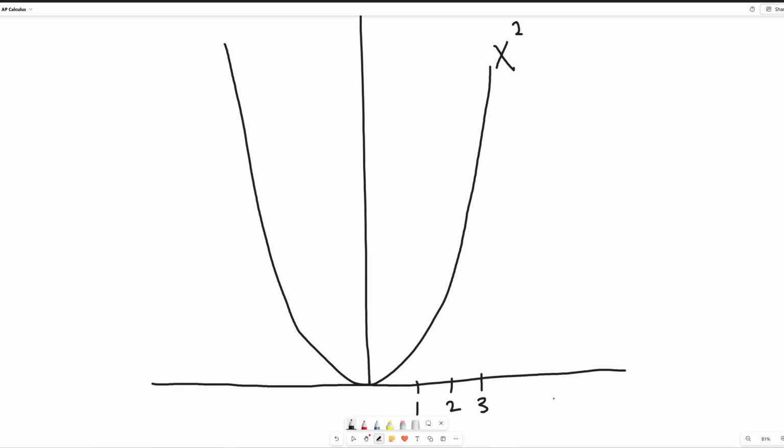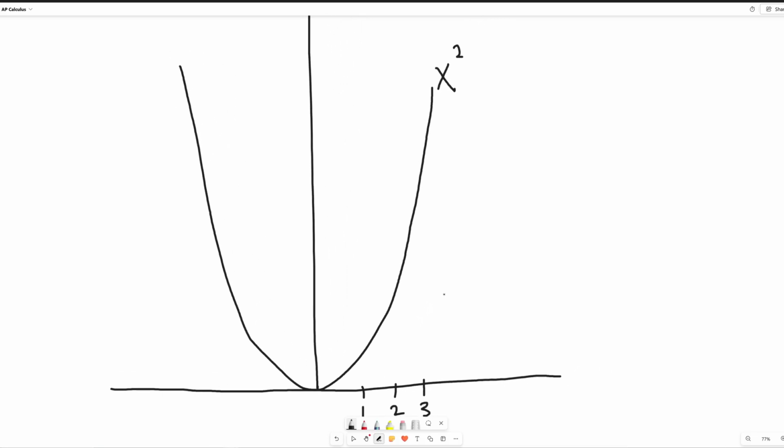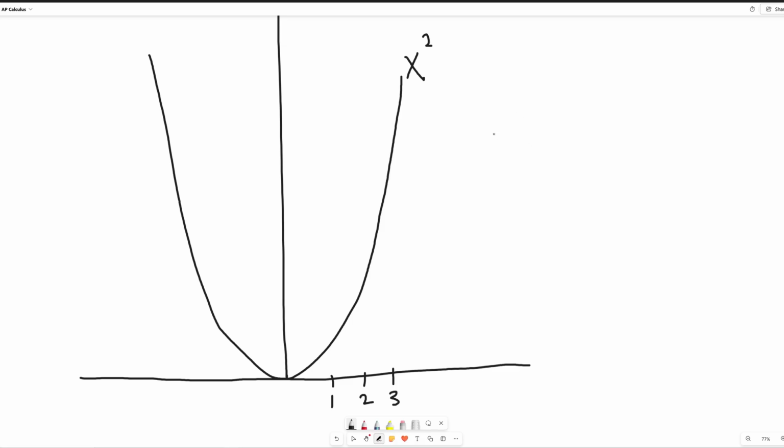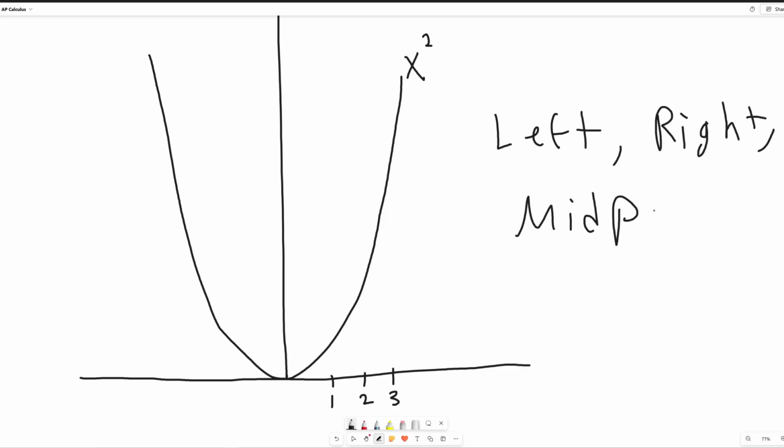To figure out the area under the curve, we're going to look at something called Riemann sums. There are 3 types of Riemann sums, and then one other type of approximation: left Riemann sums, right Riemann sums, and midpoint Riemann sums.